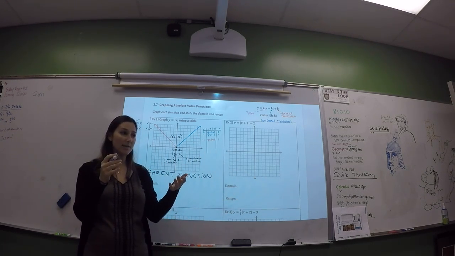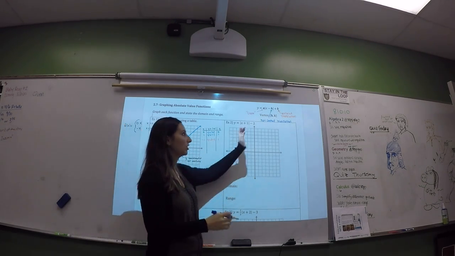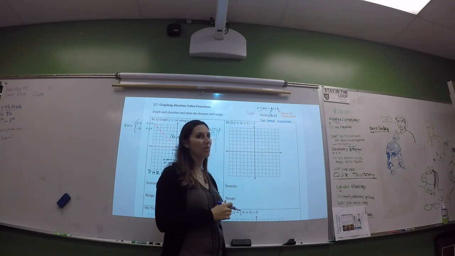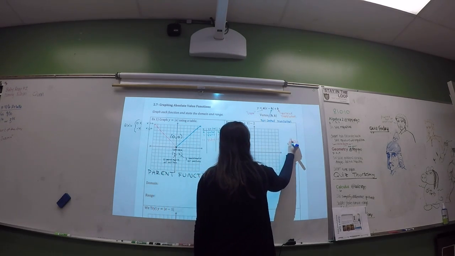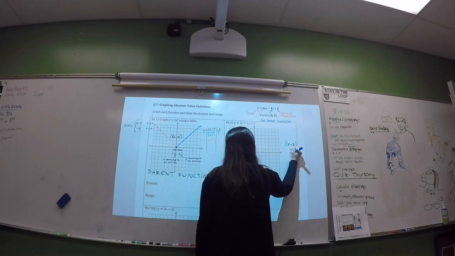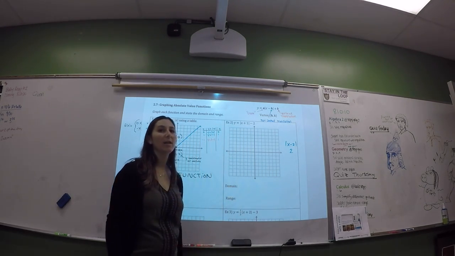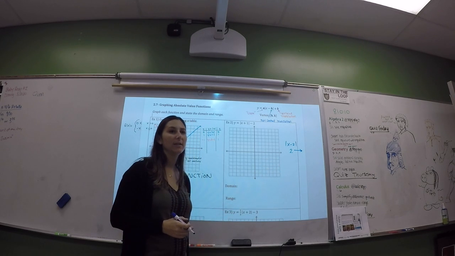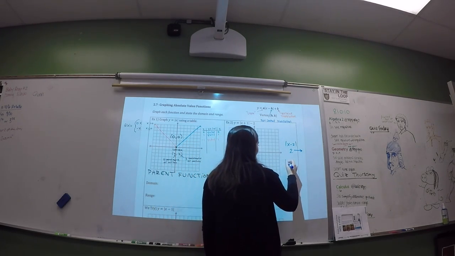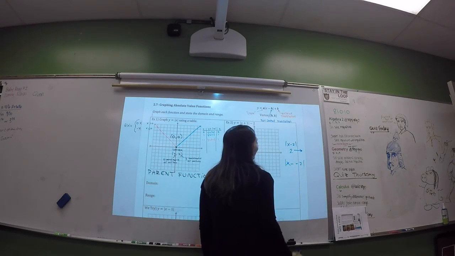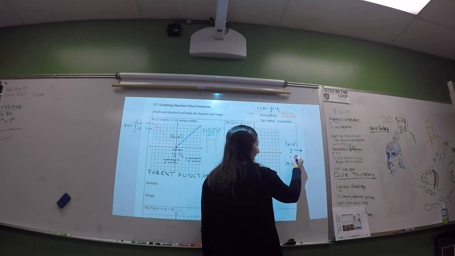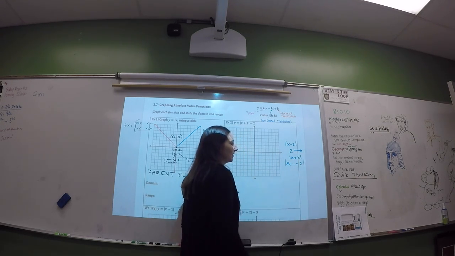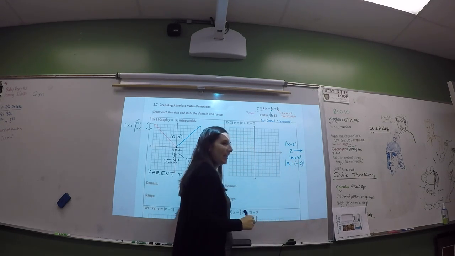Why? Because the general form of the equation is x minus h. H is the horizontal translation. So if it says x minus 2, 2 is the horizontal translation, meaning it's moving it to the right, positive 2. If it says x plus 2, that's like x minus h.